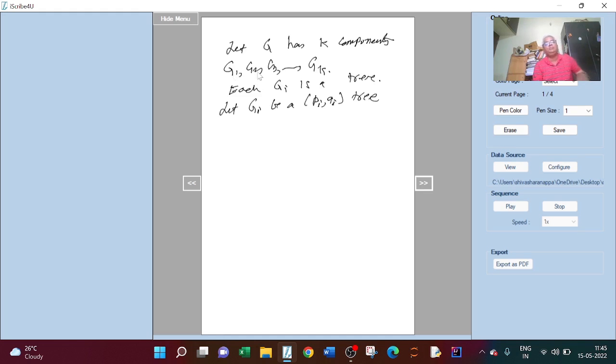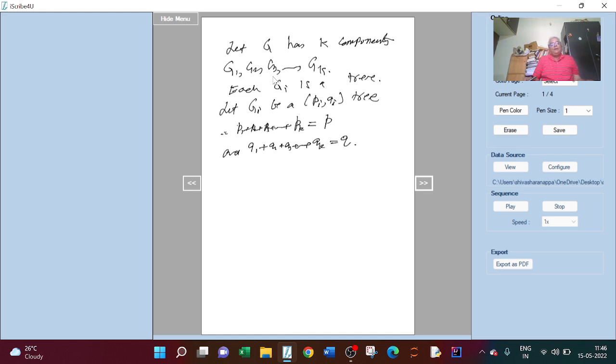And here we have P1 plus P2 plus P3 up to Pk is nothing but the number of vertices of G, that is equal to P, and Q1 plus Q2 plus Q3 up to Qk is nothing but the number of edges in G, which is equal to Q.